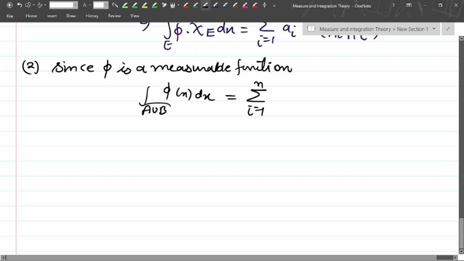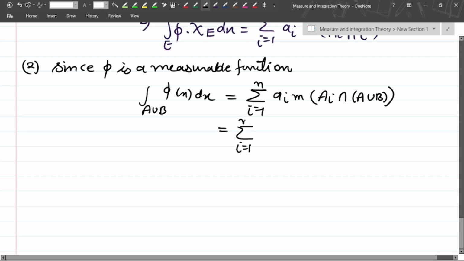In the previous case there was E, and now there is A union B. It means all things will remain the same, we only replace E by A union B.